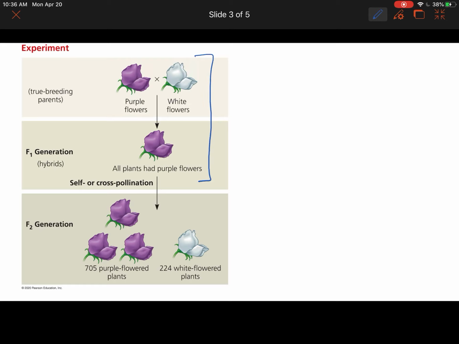Okay, so these first two panels here are basically what we saw in the previous slide. So we start with the true breeding parental generation, cross-pollination to produce the F1.